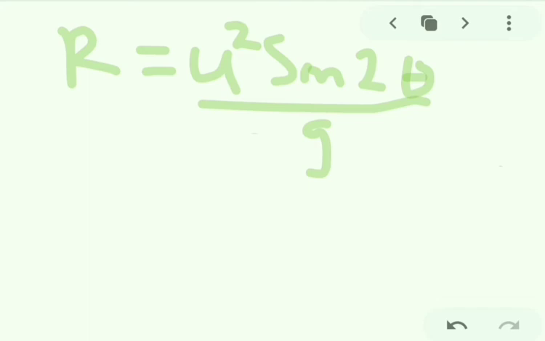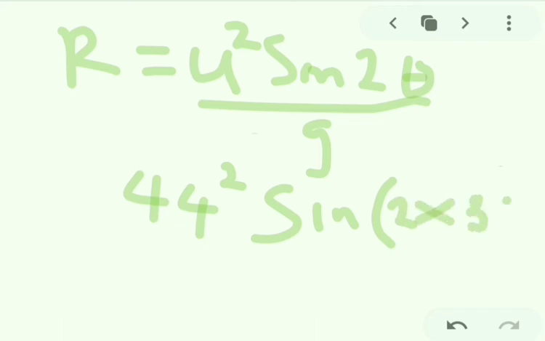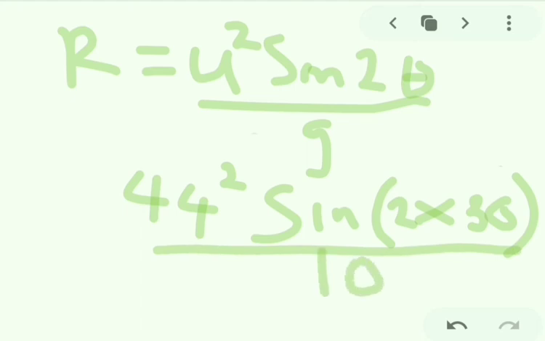We substitute the values. Anywhere you see u, you put 44, which is 44 squared, sine 2 times 30, over 10. Now 44 square is 1936.